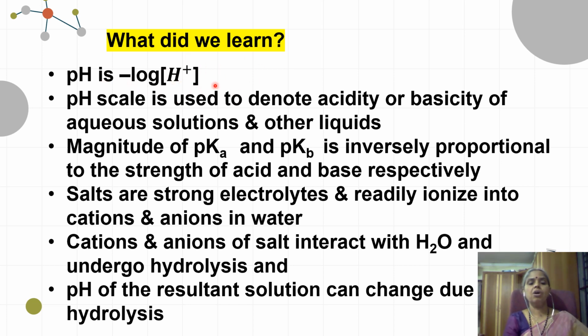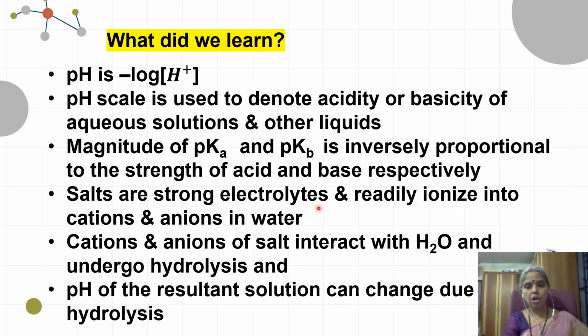So pH is minus log H plus ion concentration. The pH scale is used to denote acidity or basicity of aqueous solutions and other liquids. The magnitude of pKa and pKb is inversely proportional to the strength of the acid and base respectively. Ka and Kb are directly proportional, but pKa and pKb are inversely proportional.